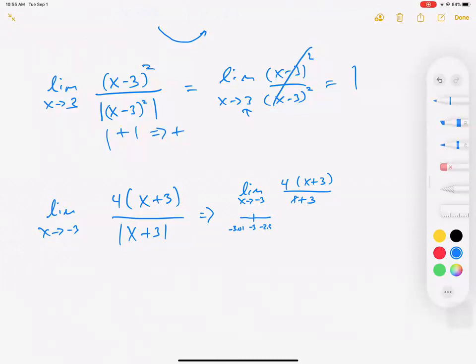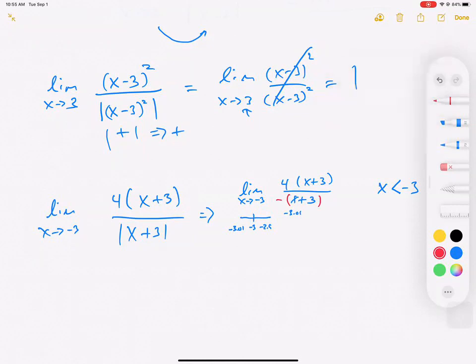So if I say x is less than negative 3, that's negative 3.01. Would we need an absolute value sign to make this positive? Yes, so we're going to give ourselves a negative here. You have to make that logical hit: do I need a negative or not? I do here, because negative 3.01 plus 3 would be negative. So we give a negative to force that to be a positive.